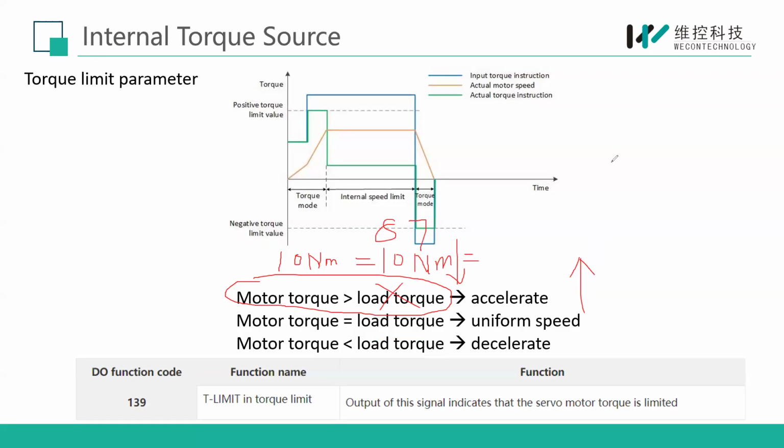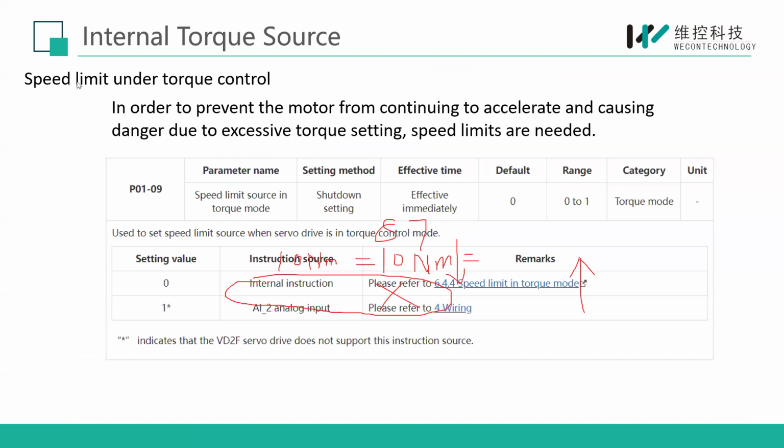So the motor will always speed up and speed up, and it will be very dangerous. So we need to set the speed limit in torque mode. It means when the speed reaches the speed limit, the motor will not continue to speed up, to prevent dangers from happening.